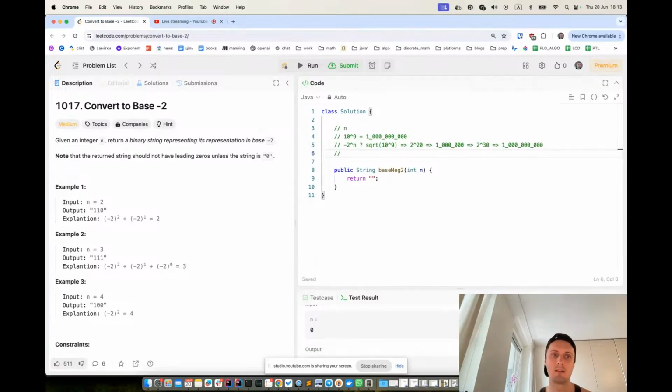And I can go starting from this 30 and then decrement this number. So for example, I can start with i equal to 30, i greater or equal to 0, i minus minus.